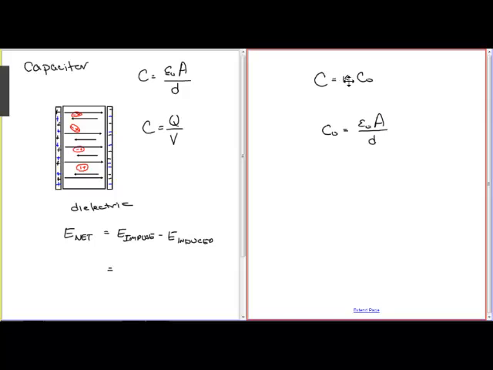So you have this dielectric constant, that's what it's called, K, or kappa, that is a function of the material that you put between these two, and it gives you an effective capacitance higher than the one that you would calculate just from having a vacuum between the two. You can also say that the capacitance is equal to kappa, the dielectric constant, times epsilon 0 times A over D. It's the same basic thing. So if I substitute that into here, I get that.